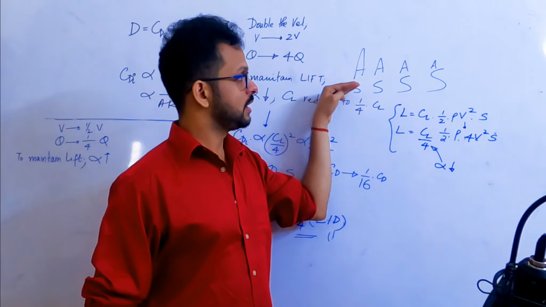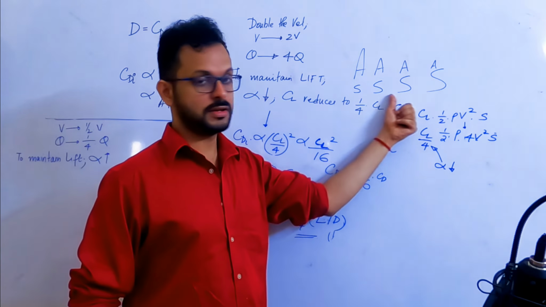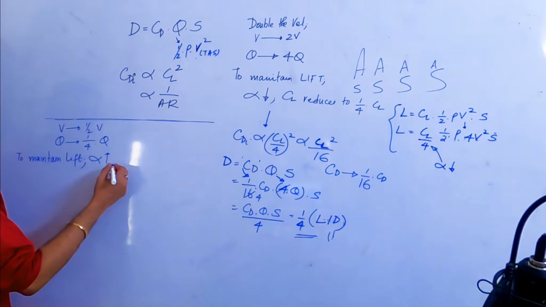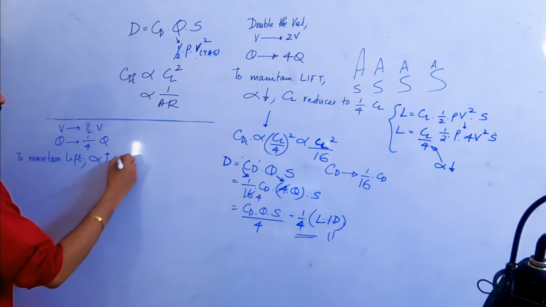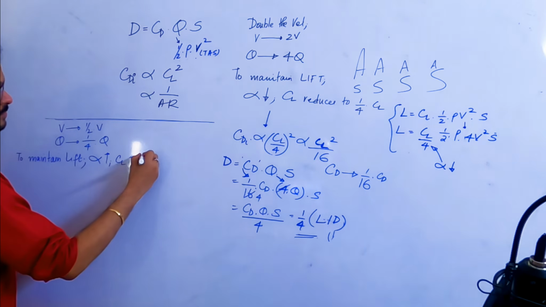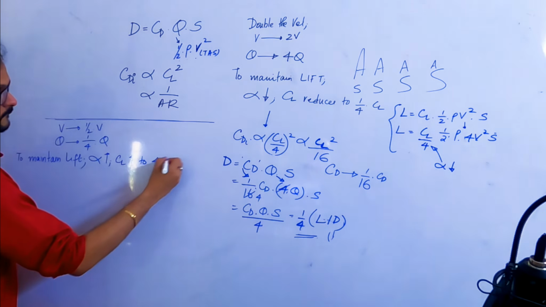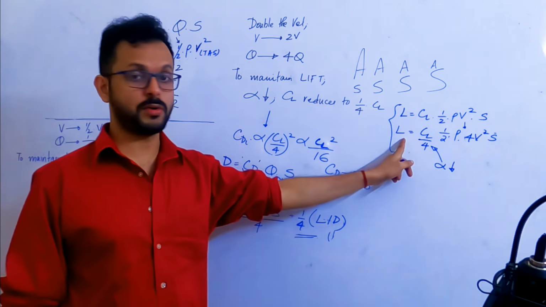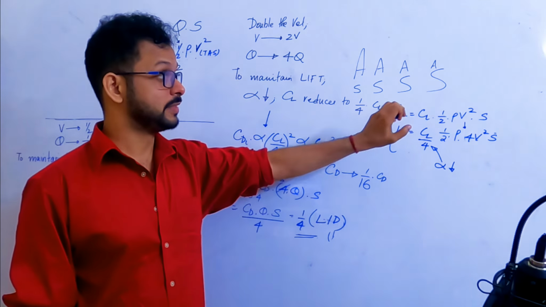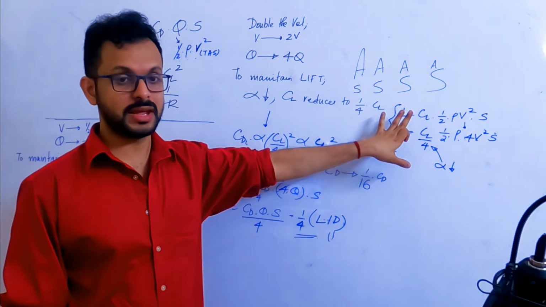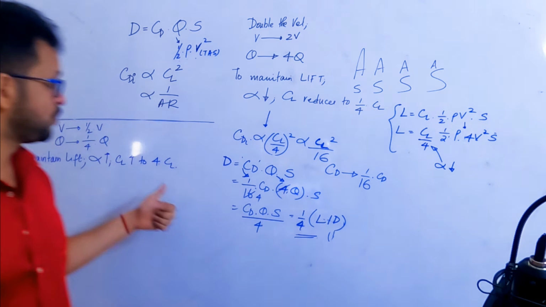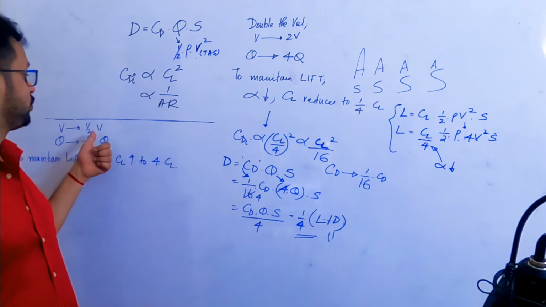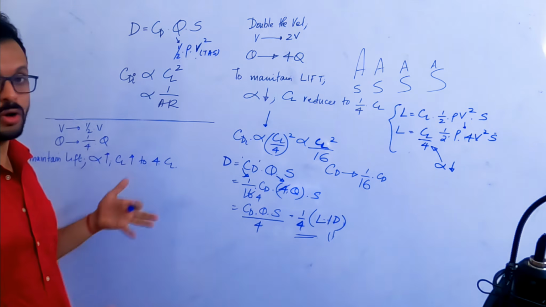Increase it in such a way that your CL increases to 4 times your previous CL, so that the net lift produced is going to be the same. Remember, the total lift produced is the same, but the capability of the wing to produce the lift has increased. That is not going to increase the total lift, because you have equally reduced your velocity, so it compensates.